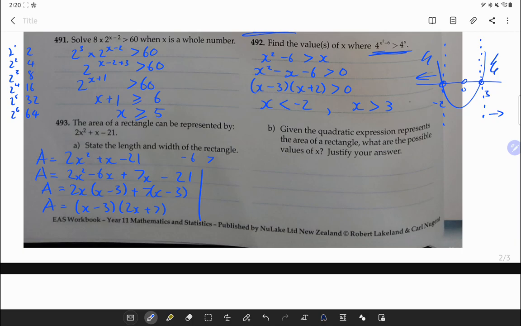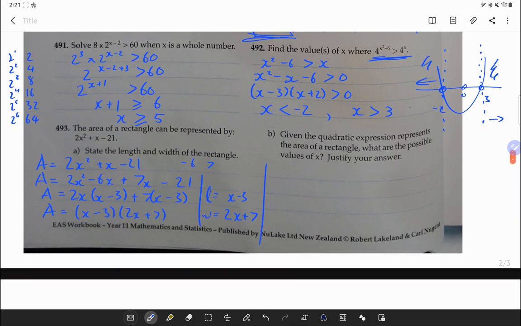And we can say length is one of them, it doesn't really matter which one's which, right? It's a rectangle. That's just an orientation kind of thing, whichever way you look at it. And that's the width, or the other way around, but that doesn't matter.